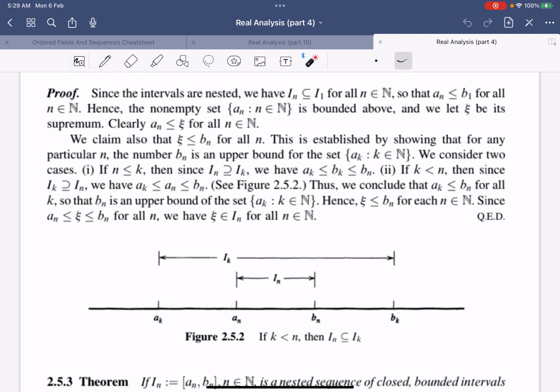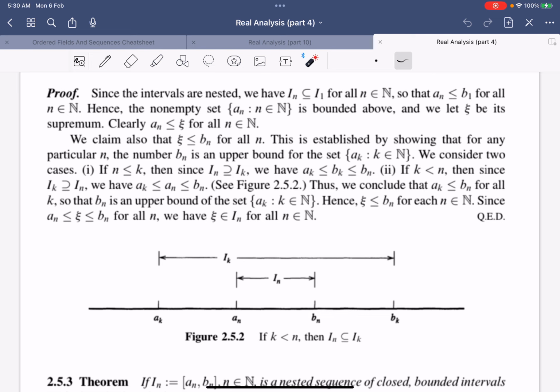But we shall now show that this supremum is less than or equal to all the bn's. And this is quite clear because the bn's are upper bounds of the an's. And so, because epsilon is the least upper bound, epsilon will be less than or equal to bn for all n. And this concludes that epsilon will be in between an and bn for all n.